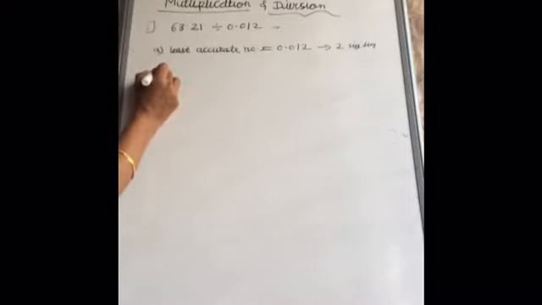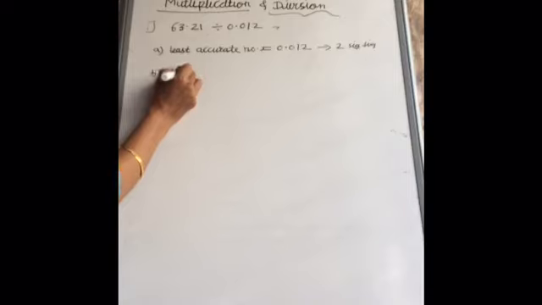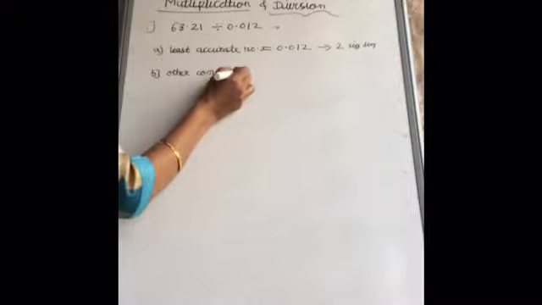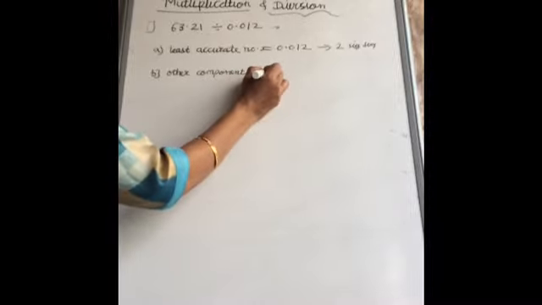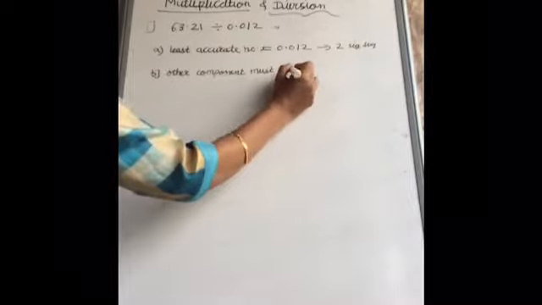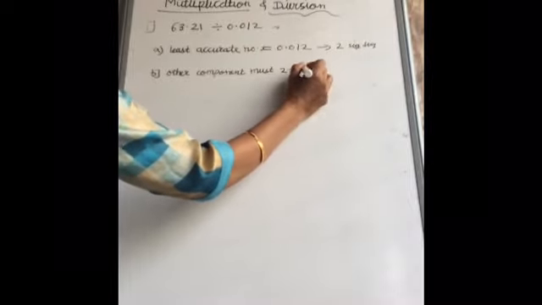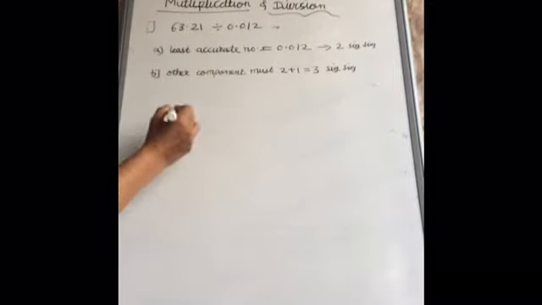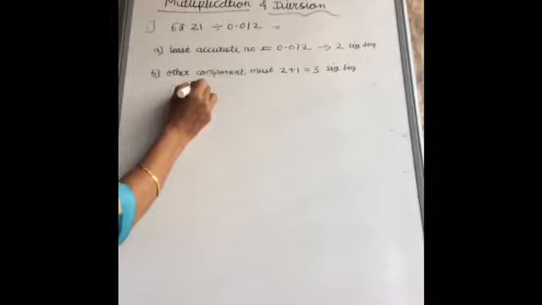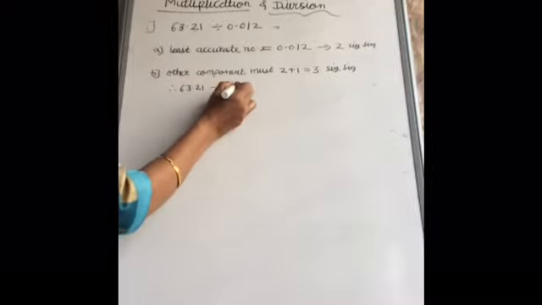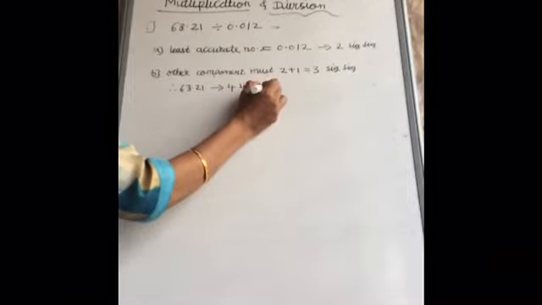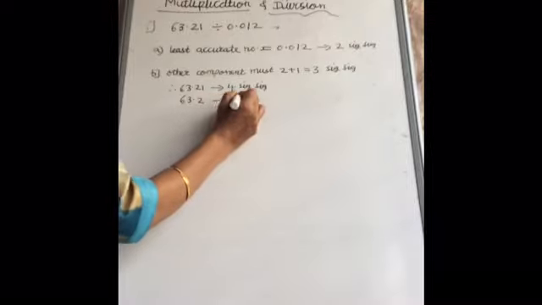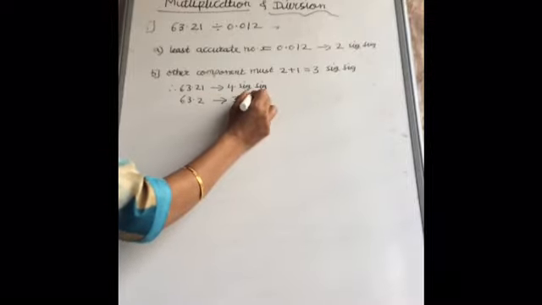Second rule: the other components should have 2 plus 1 equal to 3 significant figures. Therefore the other component 63.21, having 4 significant figures, we take as 63.2, because by rule we should have only 3 significant figures.